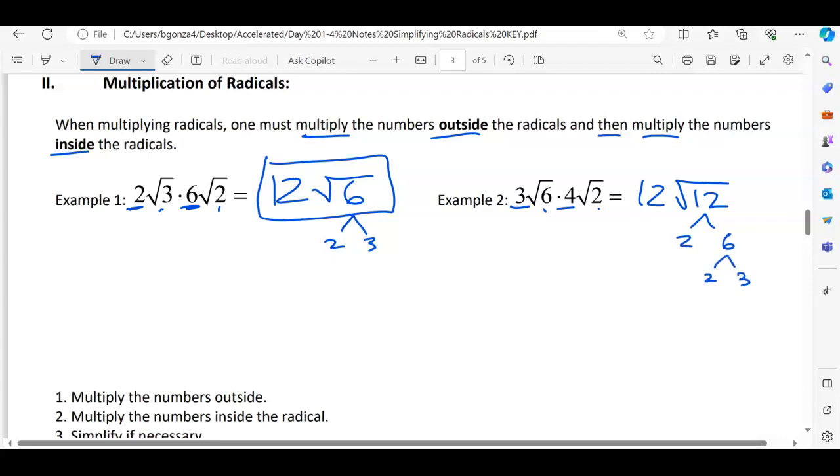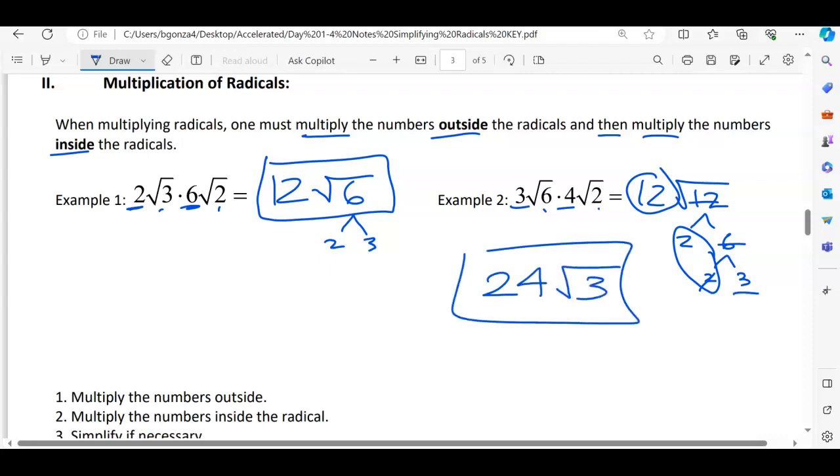Do I have any pairs? Did you say no? Yeah, there's a pair too, actually. Circle that 2. So I have a pair of 2, and what's already outside of the square root is the 12. So what do I do with 12 and 2? Multiply. 12 times 2 is 24. And my loner inside is 3. Okay?